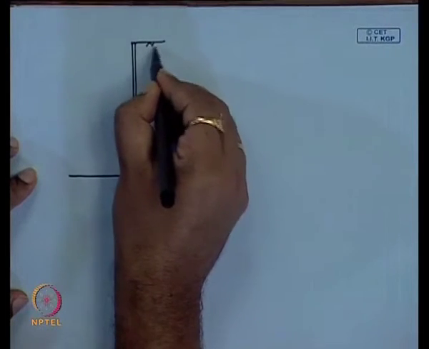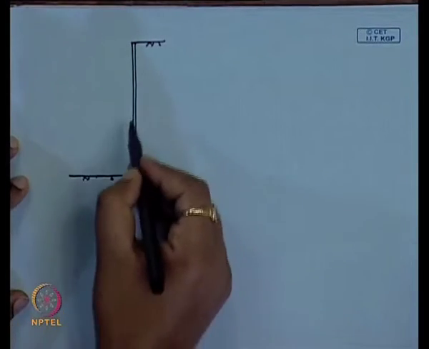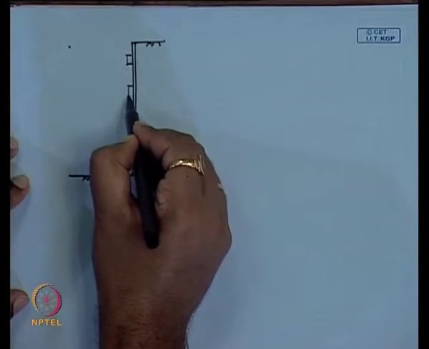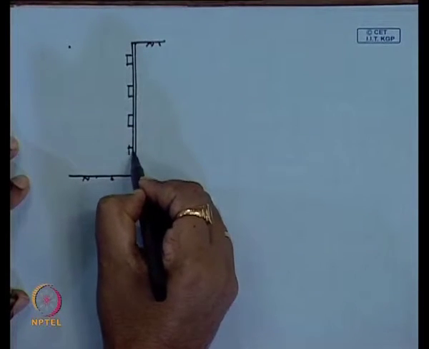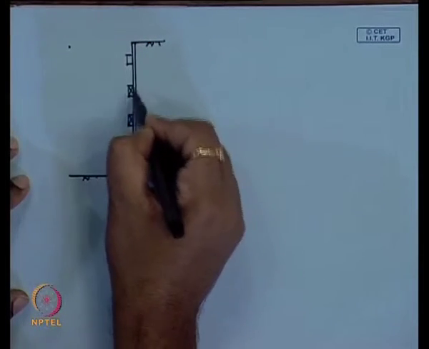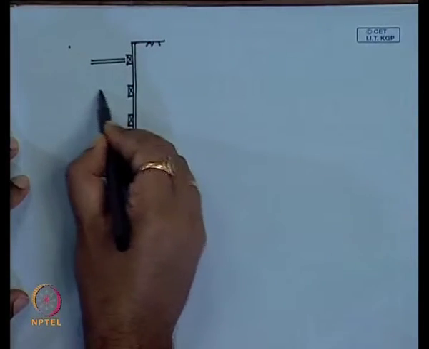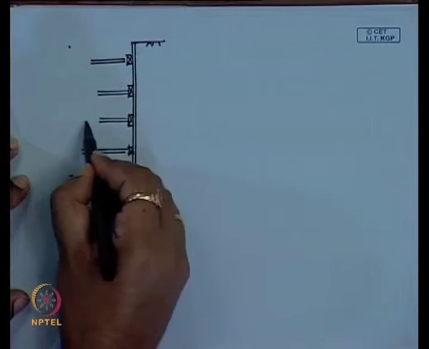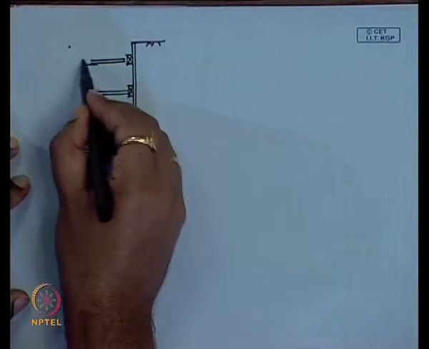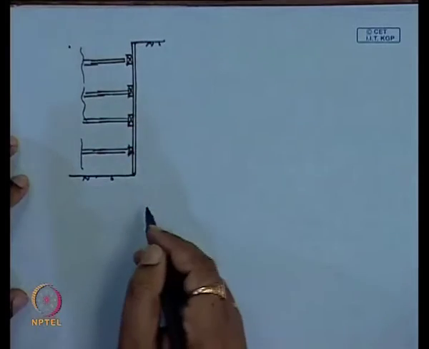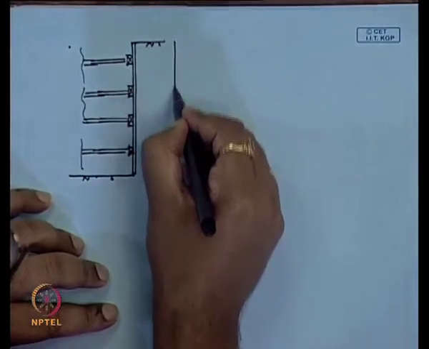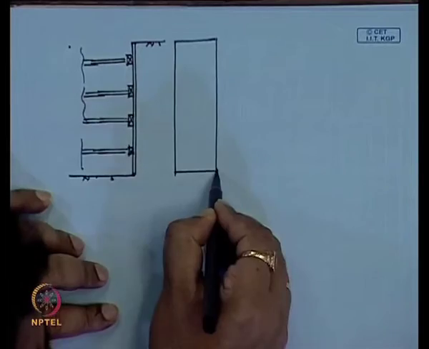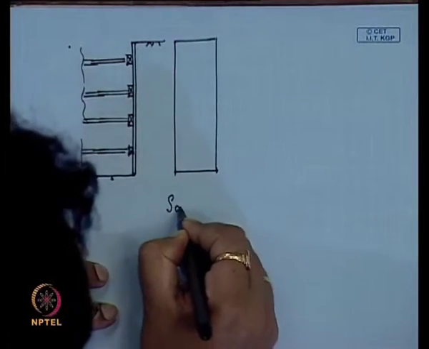This is our ground level, this is the base of the excavation, this is another side, and then we are taking the number of struts as 4 at 4 different levels. Okay, so now suppose if it is sandy soil, so we will get this type of distribution. Okay, this is the sand.